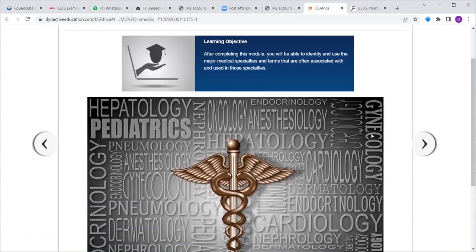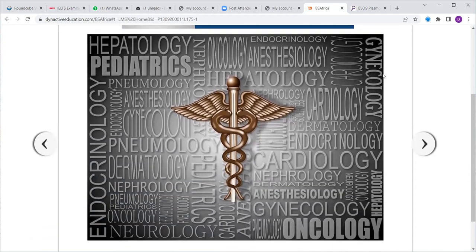Now, on your screen are the various areas of medical specializations with the corresponding medical coding specialization. Let me say that again. On your screen, you see a picture of the various medical specializations with corresponding medical coding specializations.